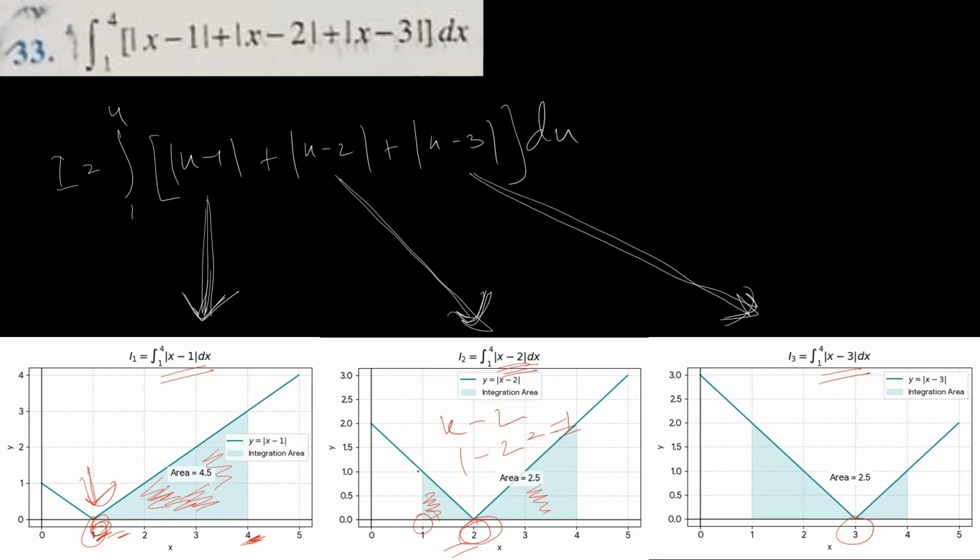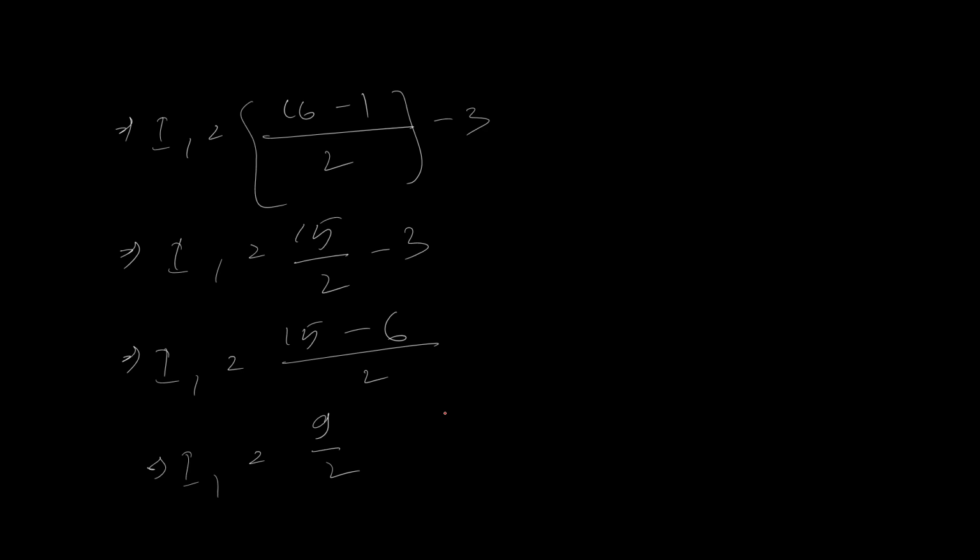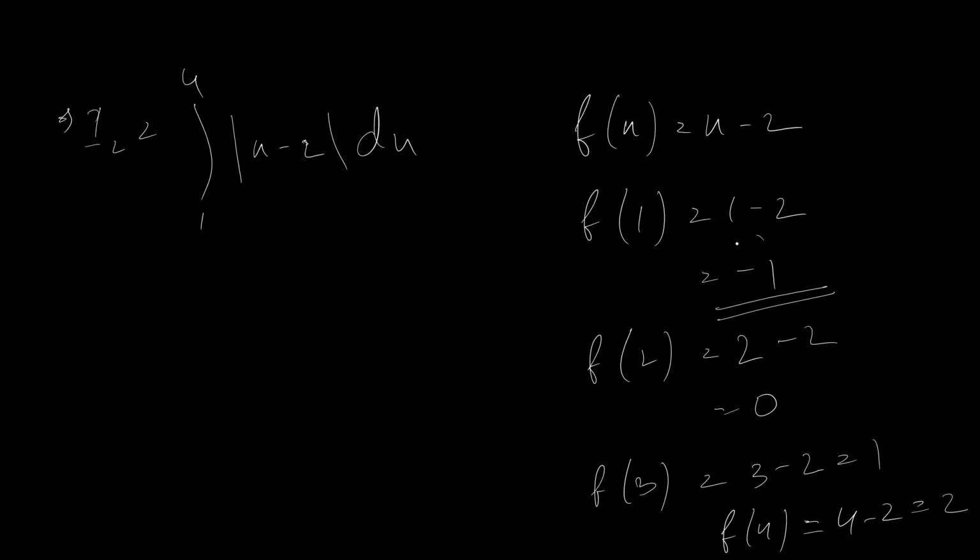This side is the positive side, this side is the negative side. Since I have got a negative value here, in this integration I will have to take both the values of this function. There will be a negative part and a positive part, so the limit will be split.